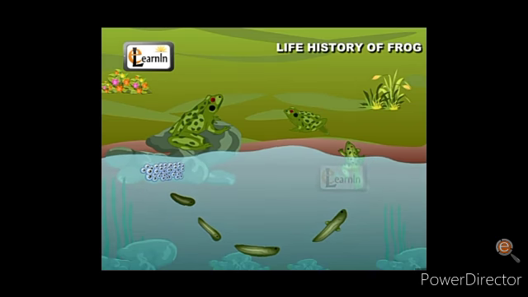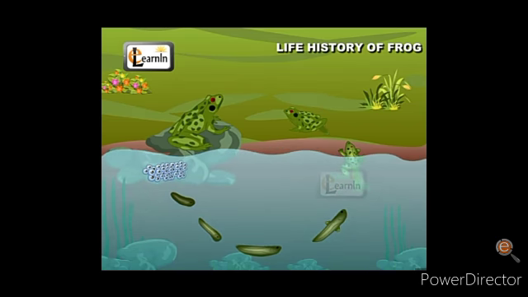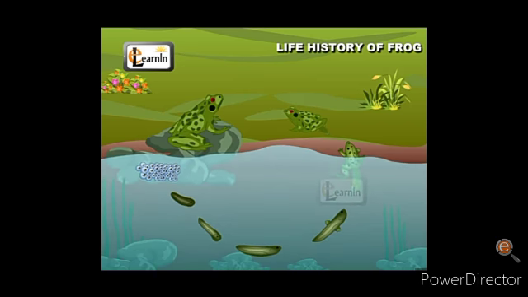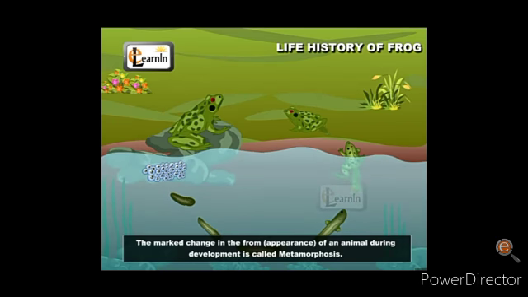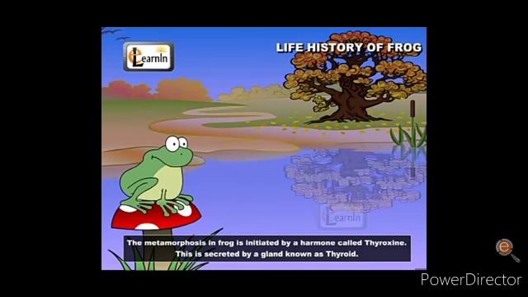The tail persists for some more time, but finally disappears. The marked change in the form of an animal during development is called metamorphosis. The metamorphosis in a frog is initiated by a hormone called thyroxine. This is secreted by a gland known as thyroid.